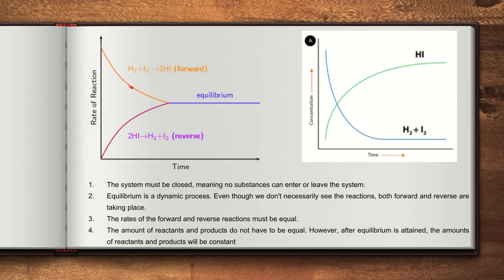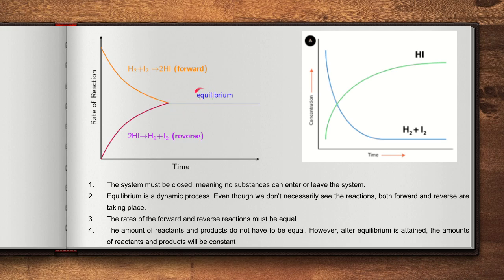That level would drop over time and would eventually remain constant. In the backwards reaction, HI going back into I2 and H2, we would start off with none because we only had reactants to start off with. The levels would rise until eventually we reached equilibrium.